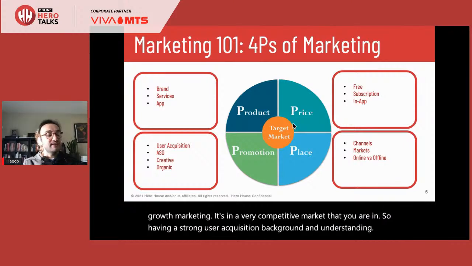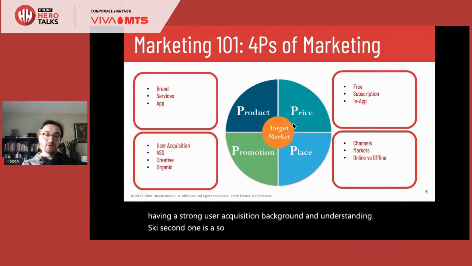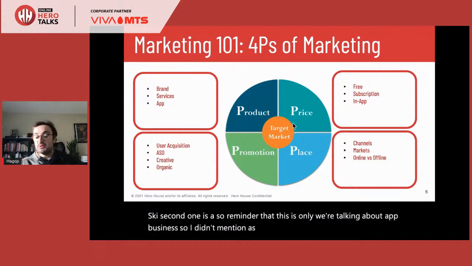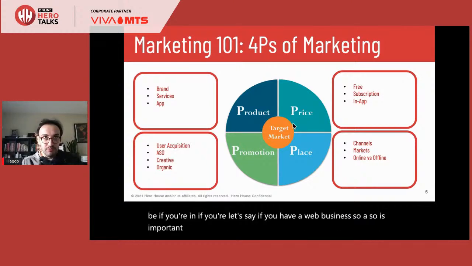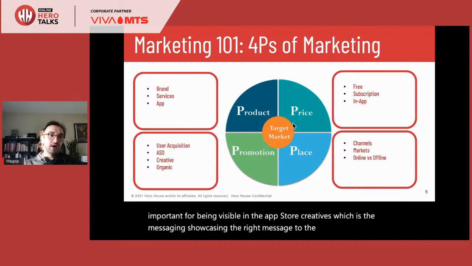Second one is ASO. Reminder that we're only talking about the app business. I didn't mention SEO in this example, but SEO can also apply if you're in a web business. ASO is important for being visible in the App Store. Creatives, which is the messaging, showcasing the right message to the right audience.